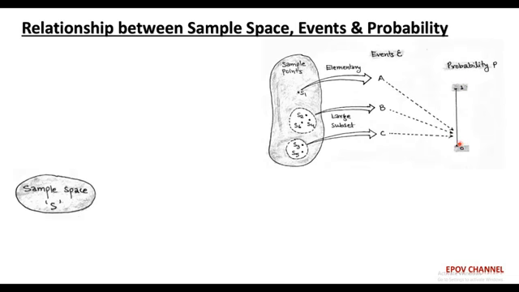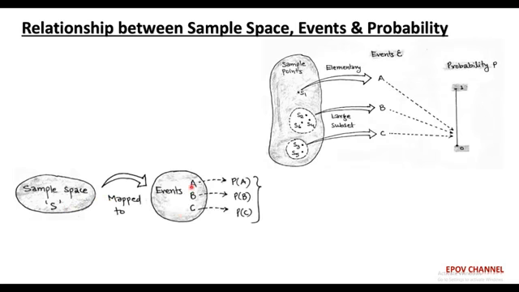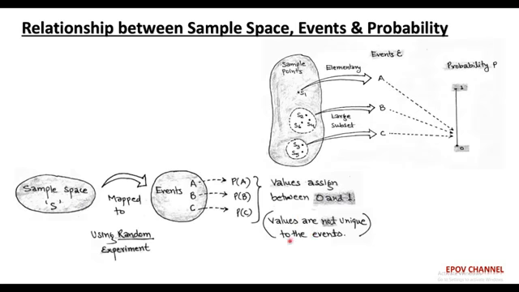So in short, the sample space, capital S, is mapped to a number of events using any random experiment and based on event statements, and corresponding to these events we find the probability of occurrence of that event, whose values lie between 0 and 1.